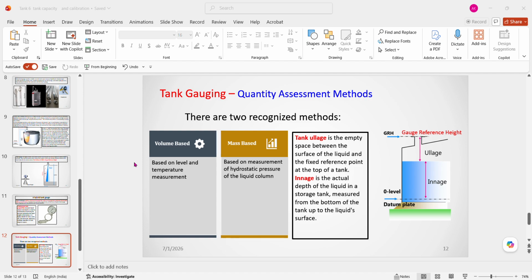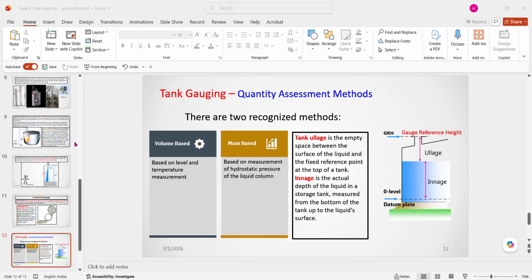You collect the signal time, and you come to know how much level is there. Hydrostatic tank gauging, which I have already discussed, measures the pressure at the bottom of the tank. And hybrid gauges, which we will discuss, are a combination of hydrostatic plus radar or servo, which gives you an accurate measurement.